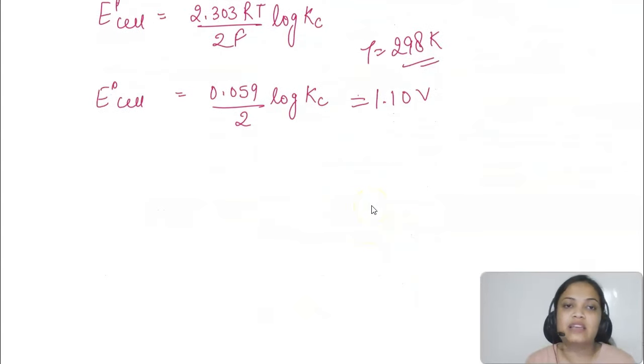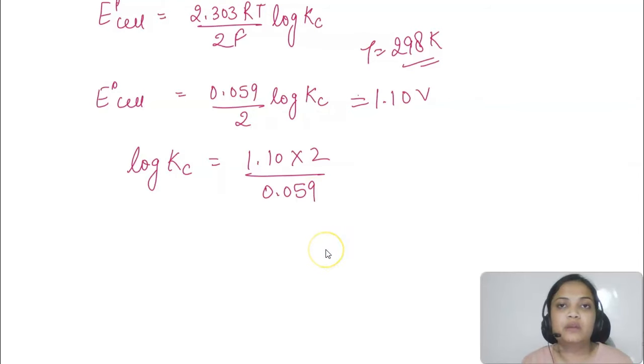So from here I can calculate the value of log Kc. So 1.10 into 2 divided by 0.059. See, I am showing you how we can calculate the equilibrium constant. Okay, so in that case it will come out to be 37.288. Alright, so from here Kc will be the anti-log of 37.288.